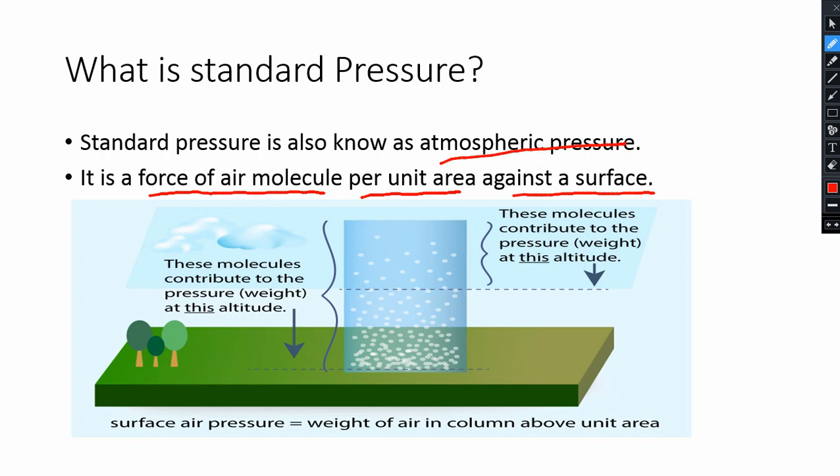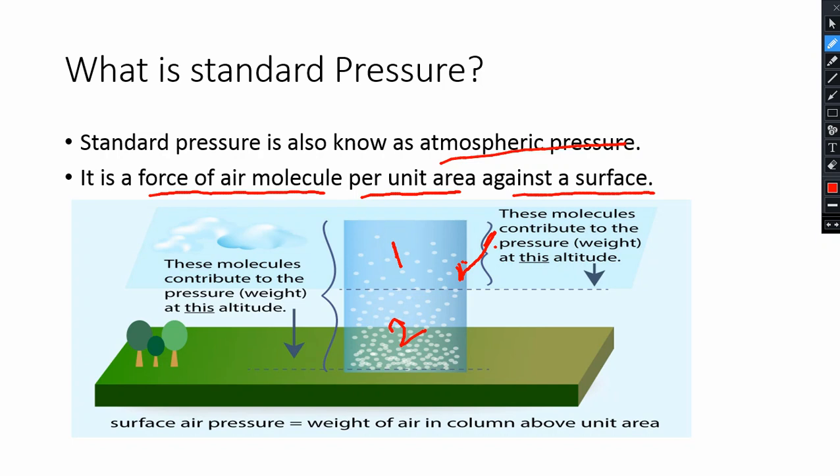Look at the example. In this example they have given us a garden, and they have taken just this one column of air. If you look at this column of air, there are air molecules. They have divided it into two portions, the first portion and the second portion. In the second portion there are more air molecules compared to the first portion. Why? Because on this earth there is a force of gravity.